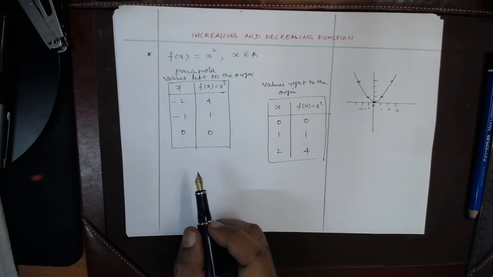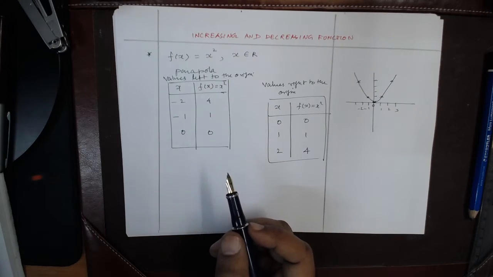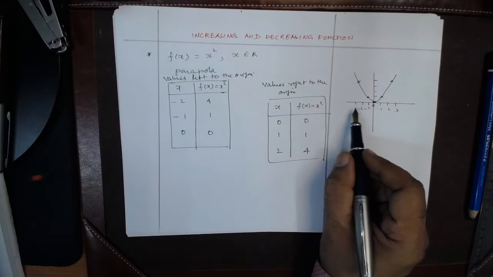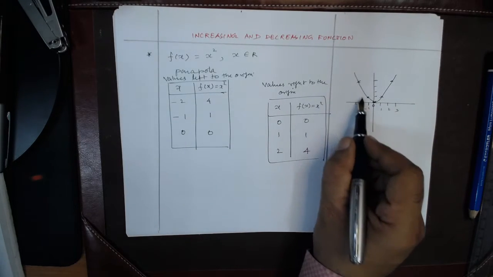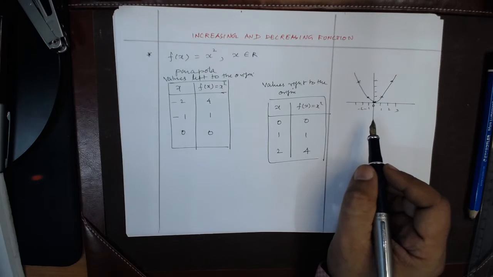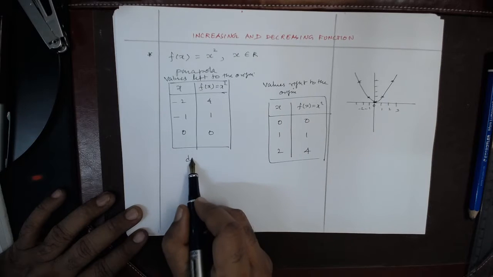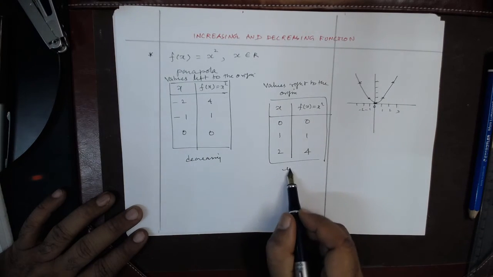Okay? And that is why you are able to get a parabola. So in this case, as we move along the x-axis from left to right, the y value decreases. Are you able to follow? So this is a decreasing one. And here it is increasing. Am I right?